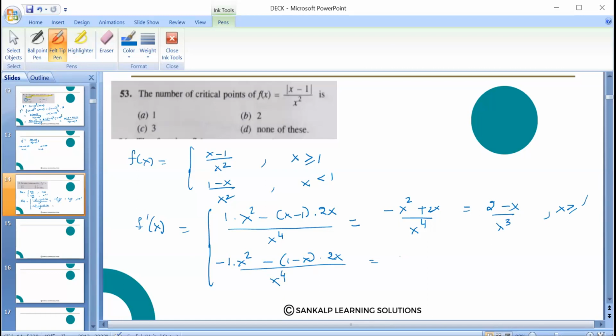Actually, you'll have minus x square plus 2x square, so just x square, and then minus 2x by x power 4. Take x common and cancel. x minus 2 by x cube for x less than 1.